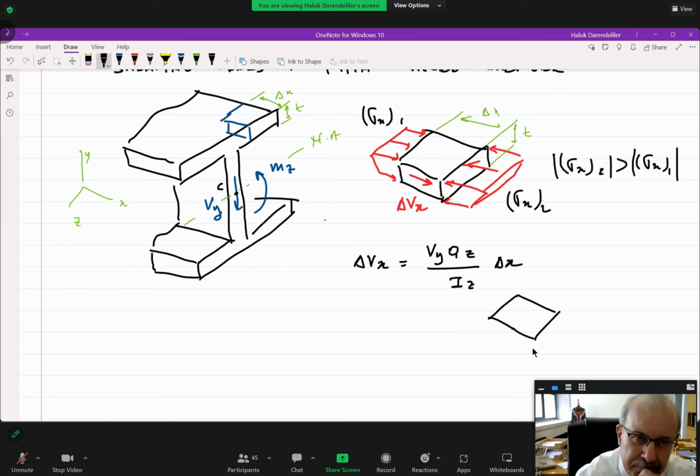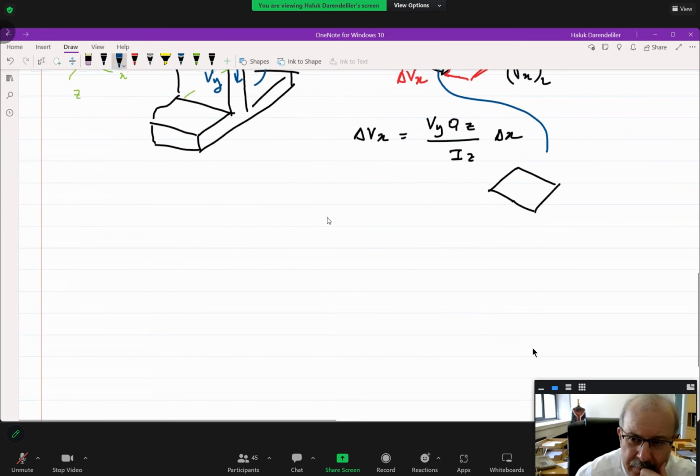yani şöyle yapalım. Şuradan bir kübik eleman alayım arkadaşlar. Buraya. Okay. On this cubical element, takip ediyorsunuz değil mi?